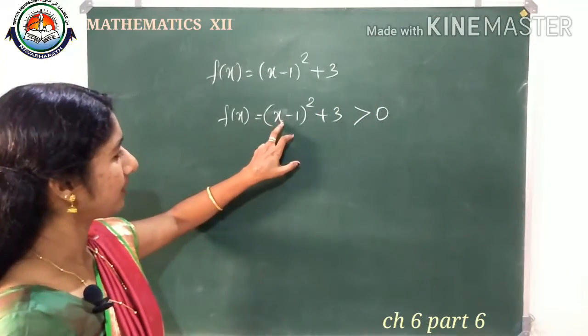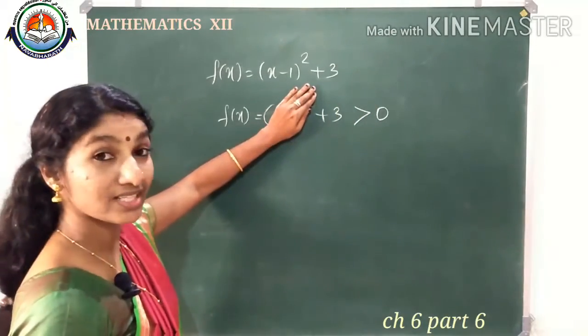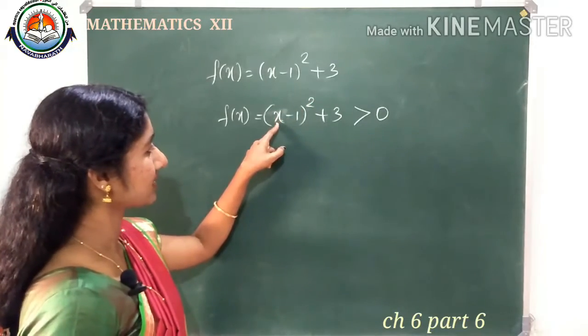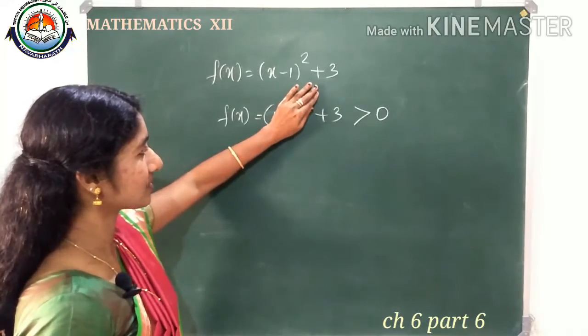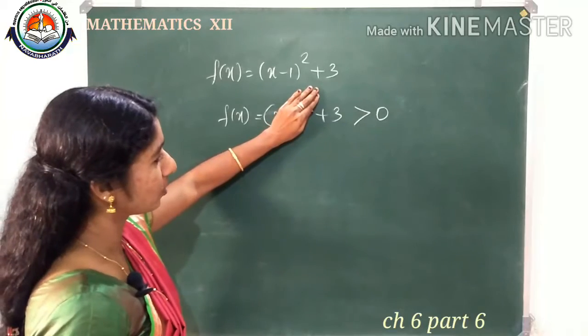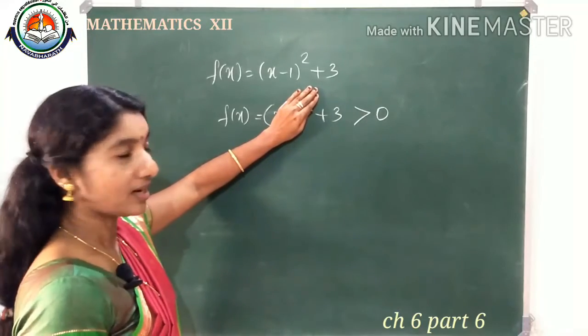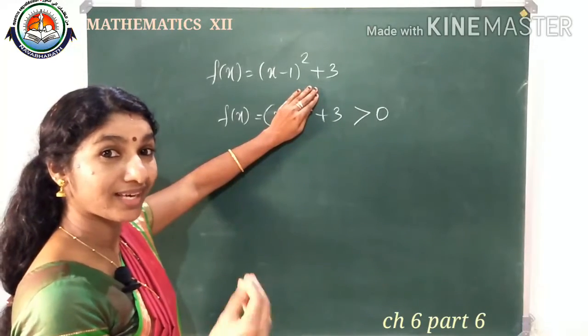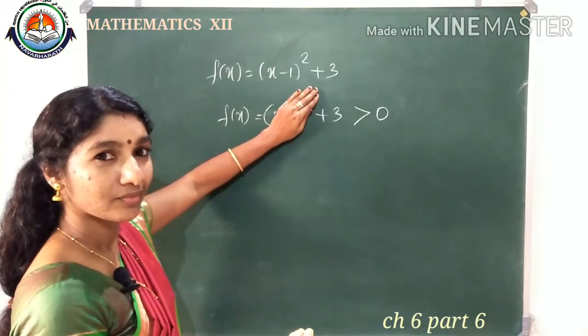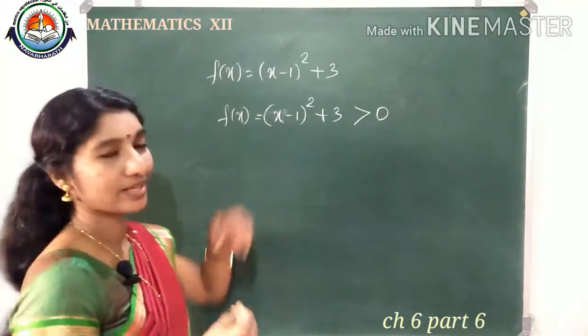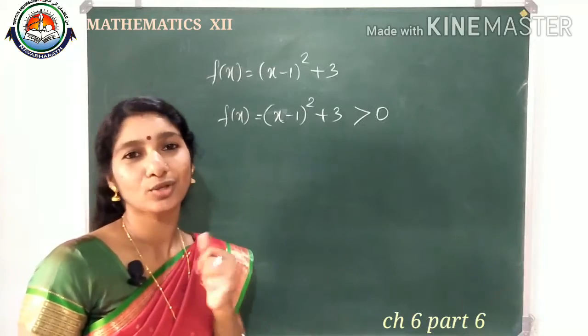And see, what can be the minimum value of (x minus 1) whole square? When you give x equal to 1, this quantity becomes 0. So 0 plus 3. Can it be more than 3 any time? No, because the minimum value of (x minus 1) whole square is 0 only.